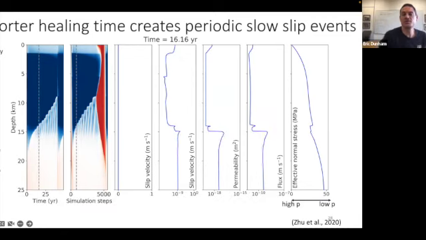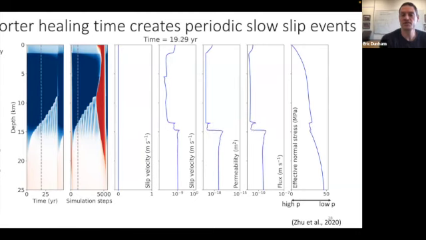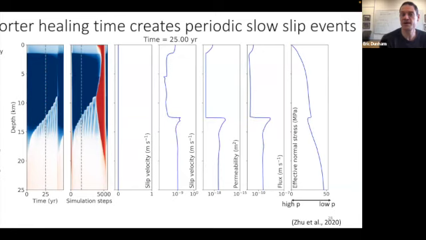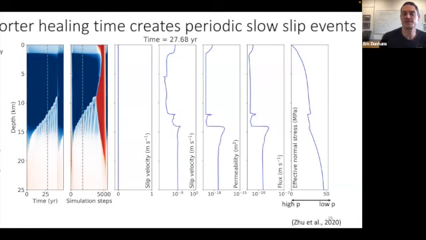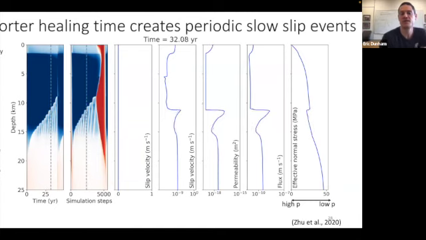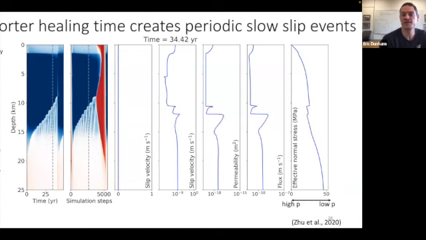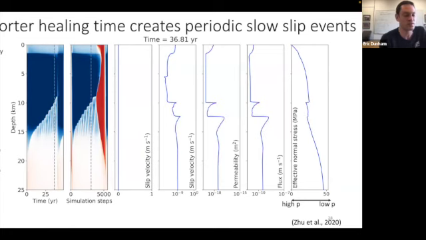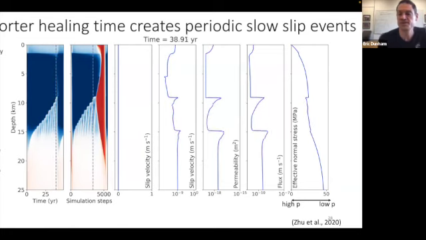And so this model produces these periodic slow slip events. You can see that they're occurring spontaneously, which tells you that a steady state in this region is unstable, and that's something that we've confirmed with linear stability analysis and also more simplified, more idealized simulations.